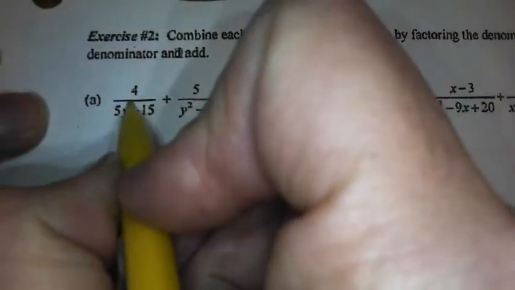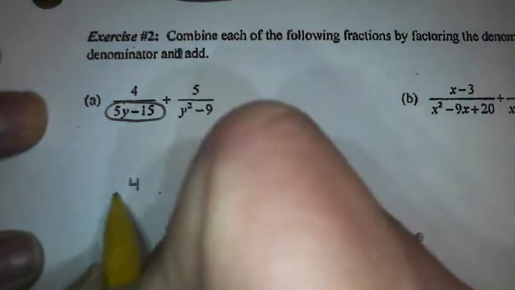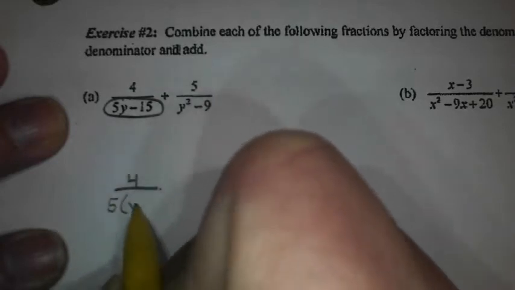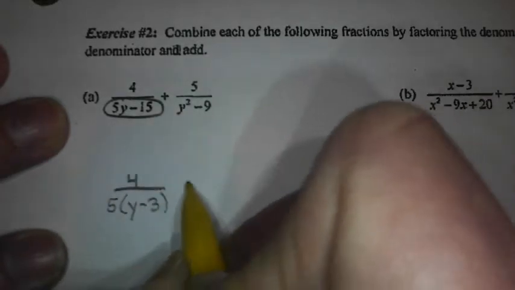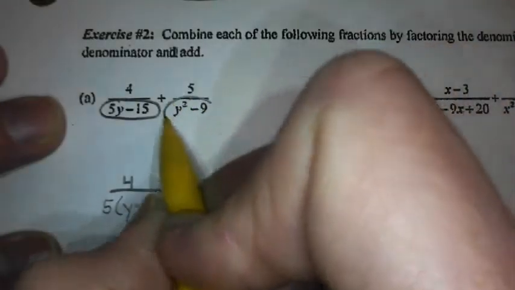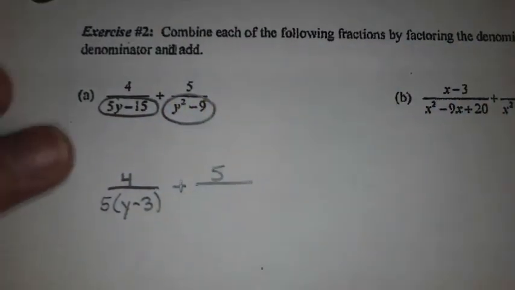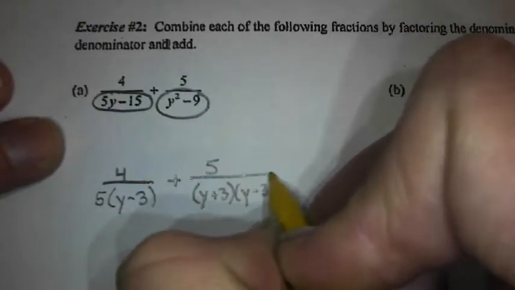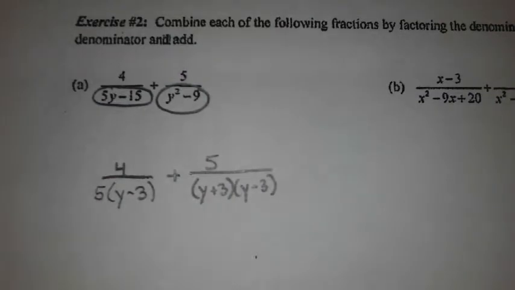So if I look at this denominator, what method of factoring do I use? GCF, pull out a 5, I'm left with y minus 3. Plus, what method of factoring over here? Very good. Y plus 3, y minus 3. So now you can see that they do already have one commonality, the y minus 3. Agreed?